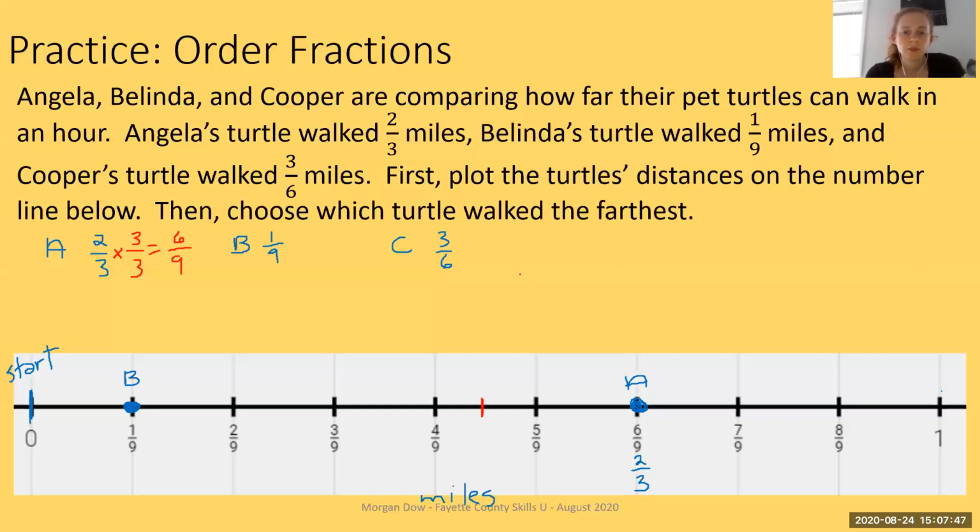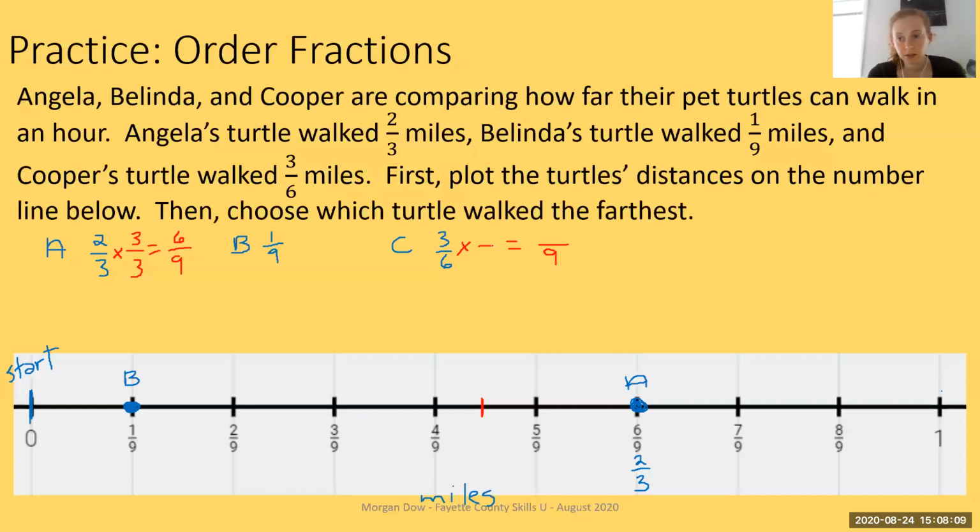Let's see what would happen if we tried to take our 6ths and turn them into 9ths. So 6 times what gives us 9? Well, the answer is not obvious, I don't think.